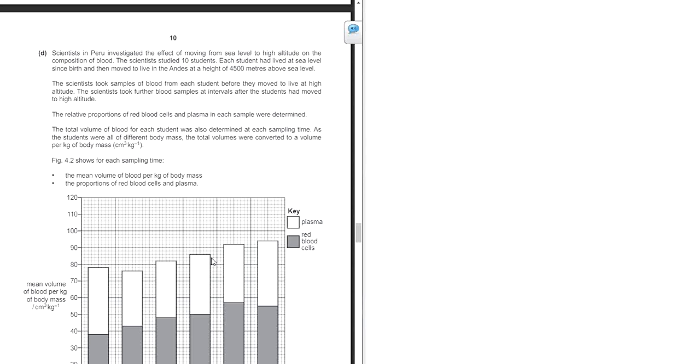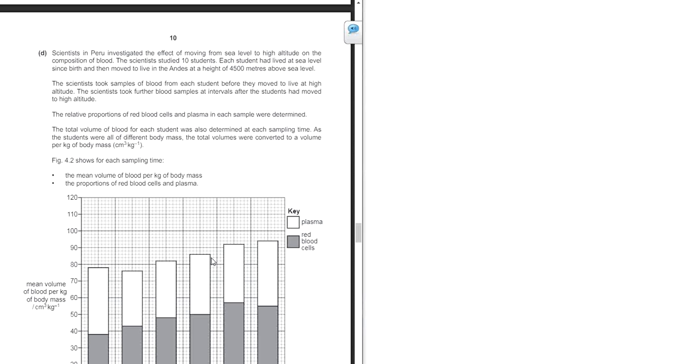The scientists took samples of blood from each student before they moved to live at the high altitude.